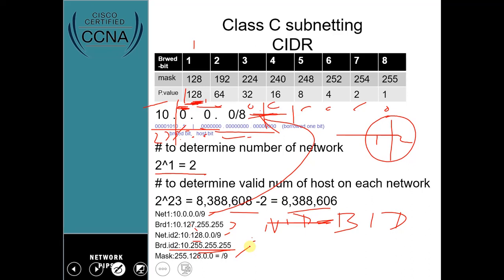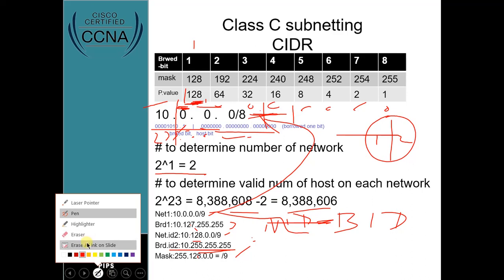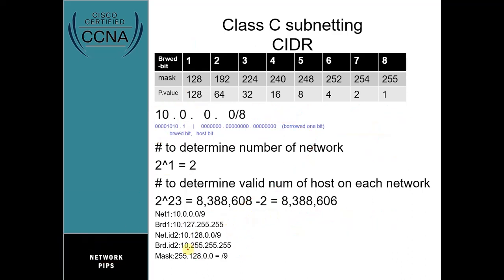So the first valid host for this network, for example, let me wipe out the screen, will be 10.0.0.1. That will be the first valid address, remember.